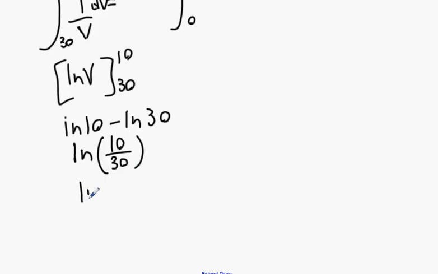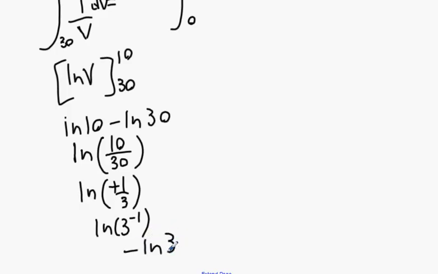That's ln a third. Would you agree with that? Ln a third, which in turn is ln 3 to the minus 1, which in turn is minus ln 3. If you kept it as ln a third, you'll still get it right. It's just a more awkward number to deal with.